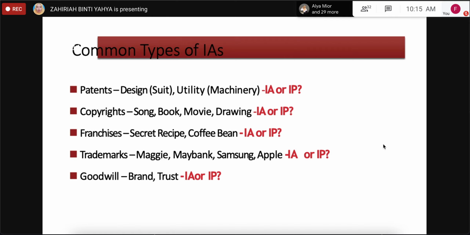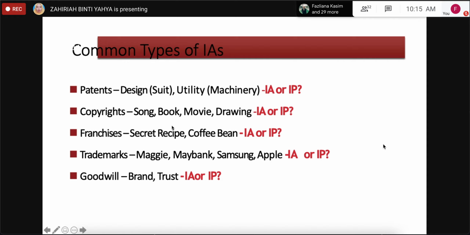Setiap negara dia ada unit penguatkuasaan yang akan jaga, yang bahagian ni you have to go there and apply for patent. Design, kalau you buat design apa-apa, kalau you arkitek ke, you design bangunan macam ni, you tak nak orang tiru, you patentkan dia.